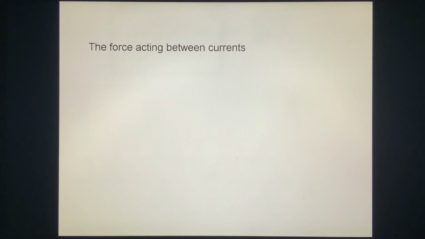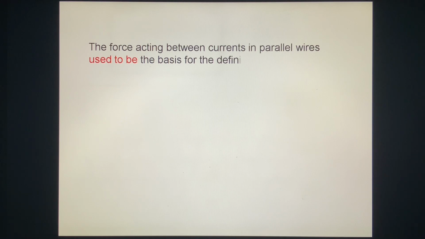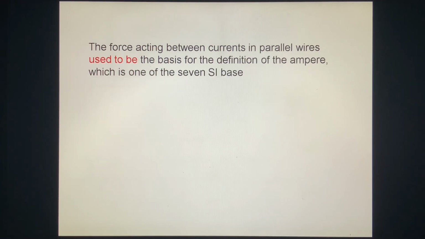The force acting between currents in parallel wires used to be the basis for the definition of the ampere, which is one of the seven metric system base units.